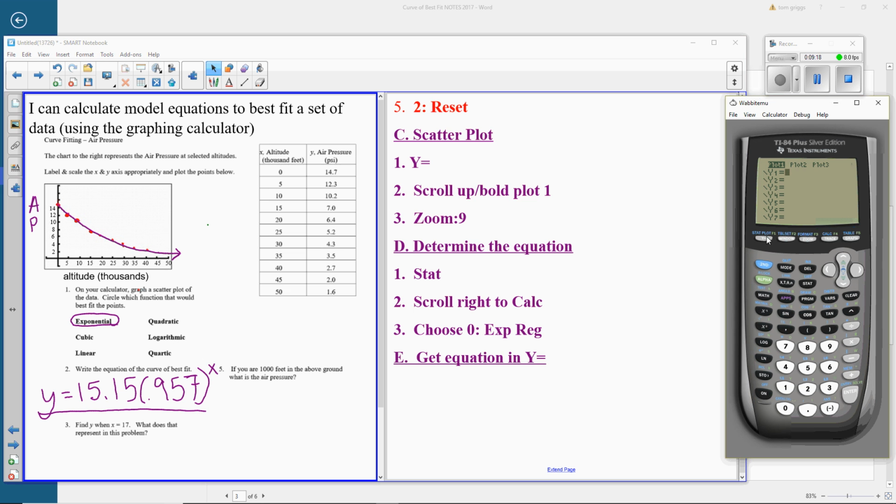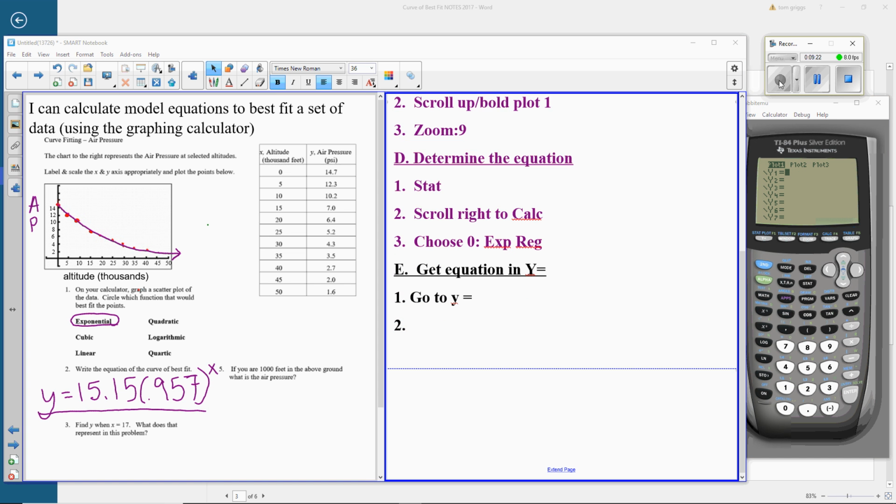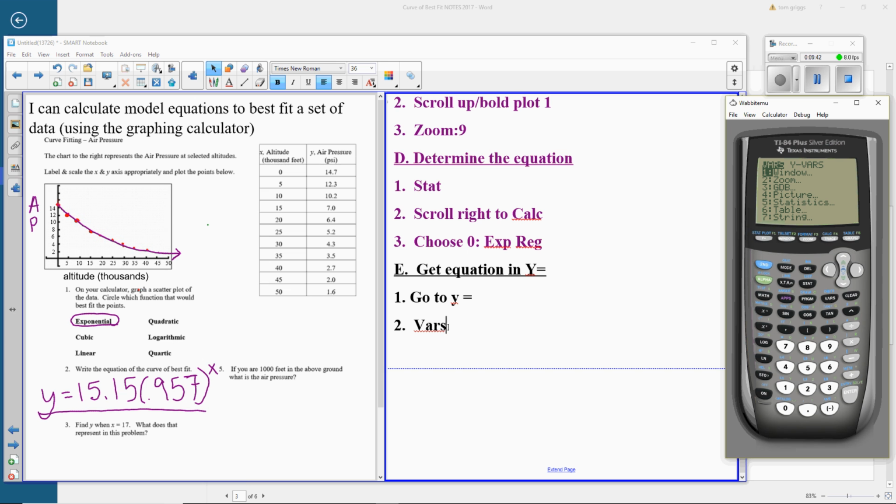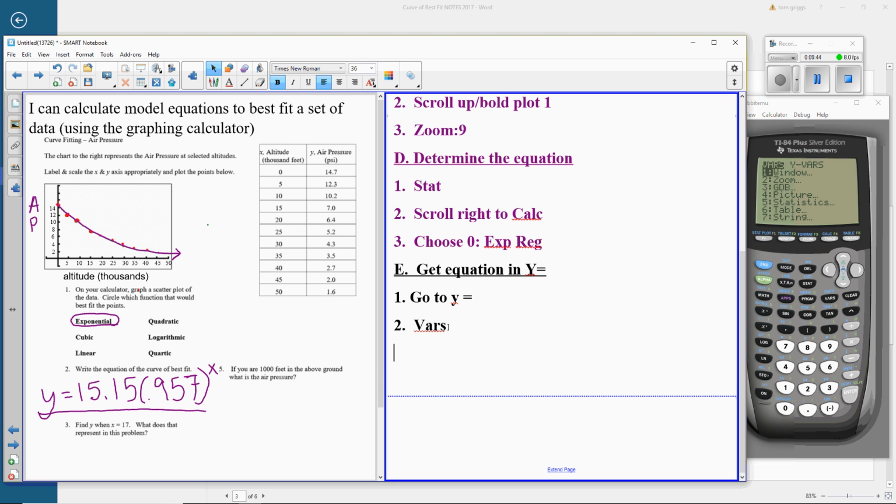So first, go to y equals. So starting off here in y equals, you're then going to press the button that is labeled vars, which is kind of in the middle of the calculator. It's right here next to the clear key underneath your arrow pad. So we're going to press vars, and then we're going to scroll down to number 5 for statistics.